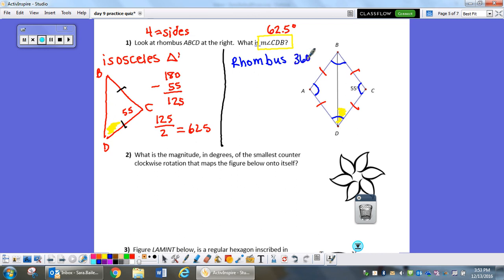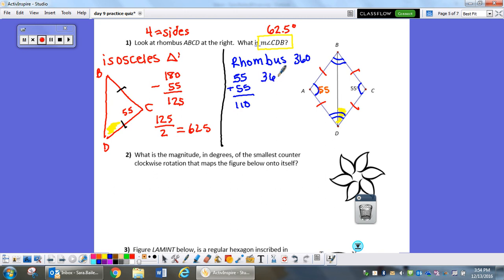Okay? We also know that opposite angles are equal. So we have 2 equal angles there, and then we have 2 equal angles with the 55. Okay? So let's add up what we know, 55 and 55. And that gets you to 110.